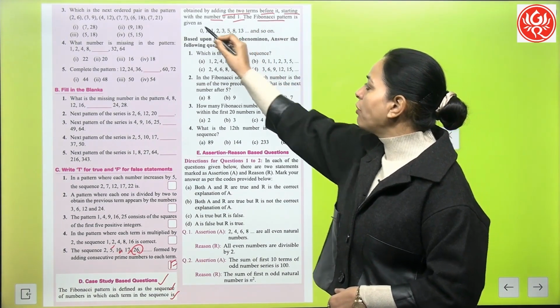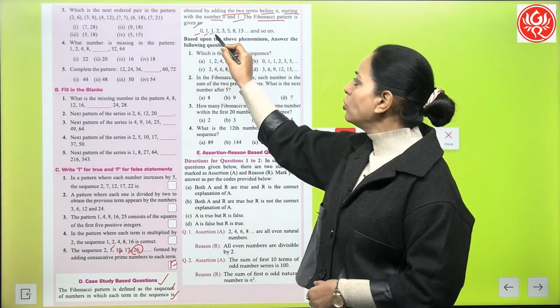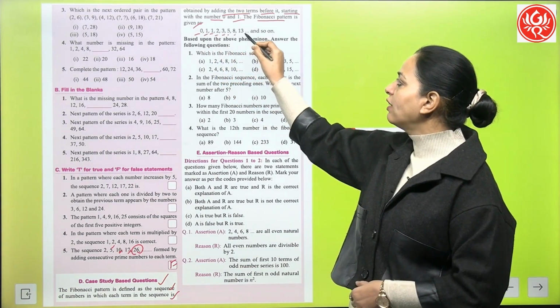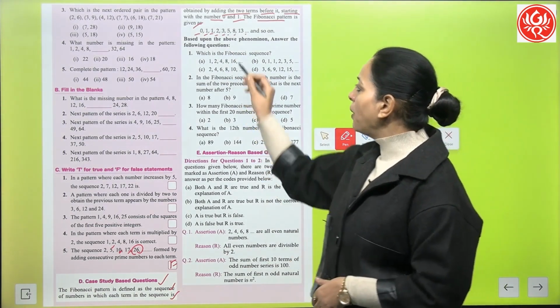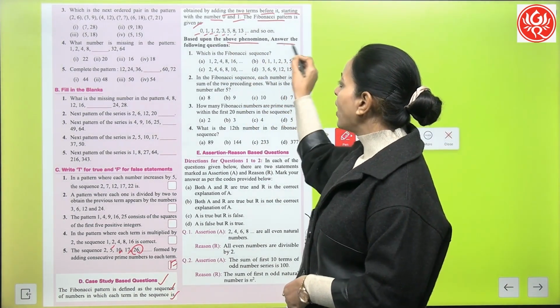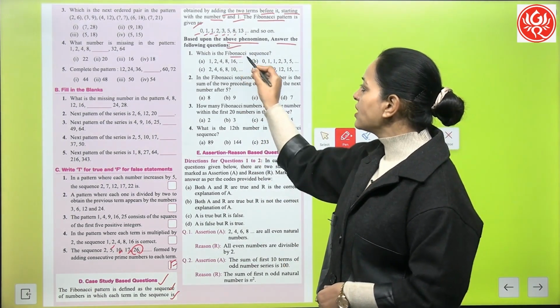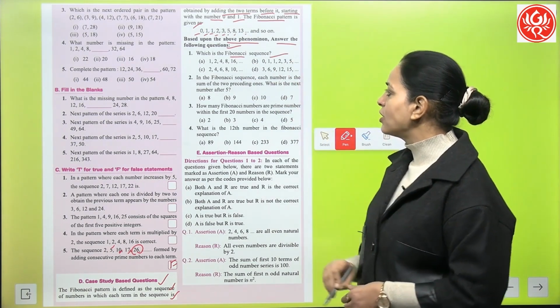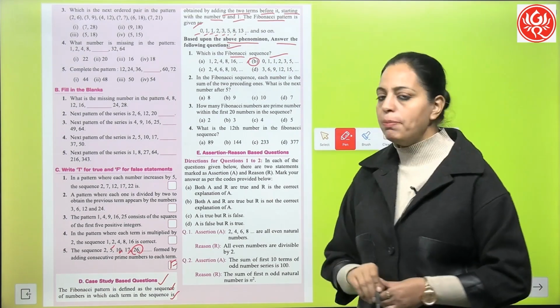The Fibonacci pattern is given as 0, 1, 1, 2, 3, 5, 8, 13 and so on. We have done this one. So based upon the above phenomena, answer these questions. The first one, which is the Fibonacci sequence? So just find it out which one, that is B part.